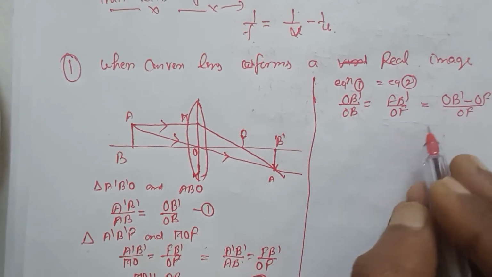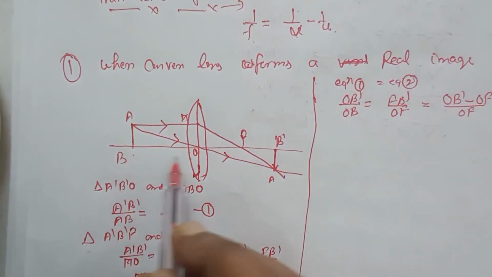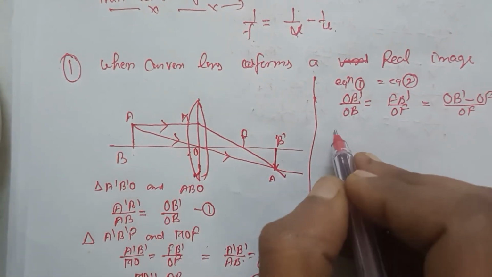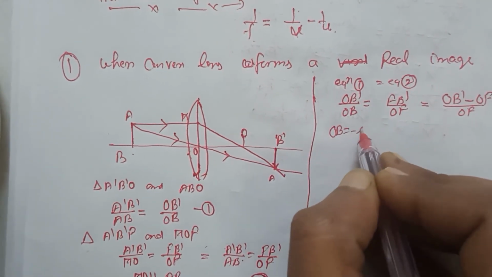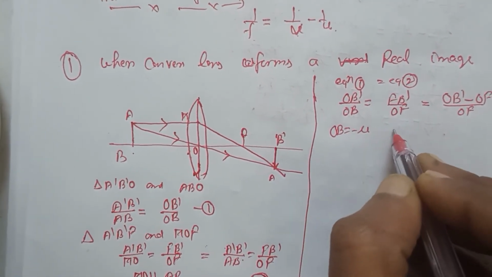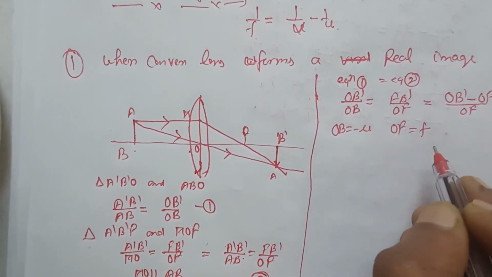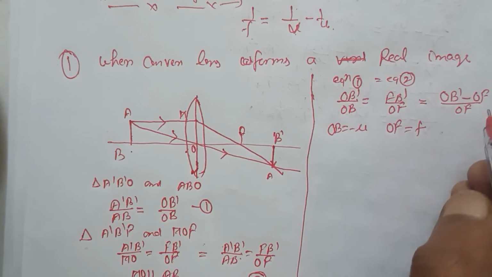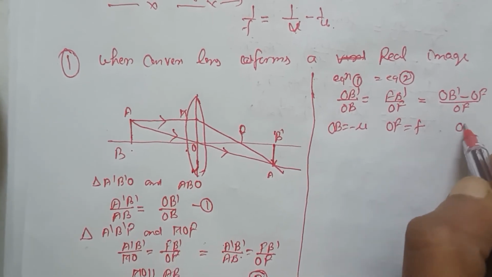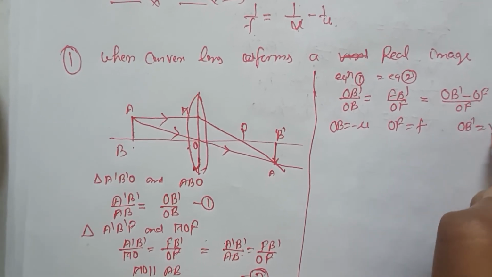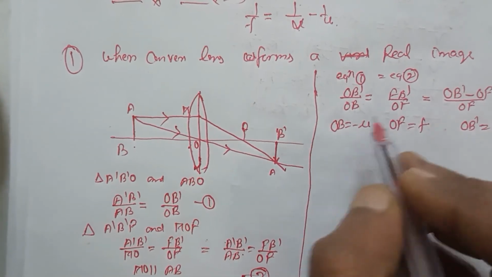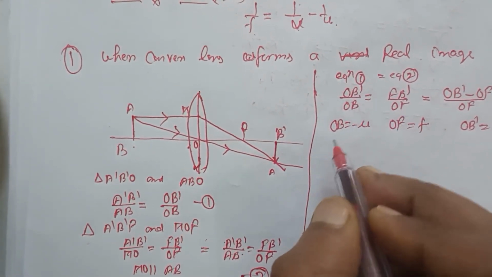Substitute the value of OB equal to the object distance, which can be written as minus u. OF can be positive for a convex lens, and OB dash can again be positive for making a real image.